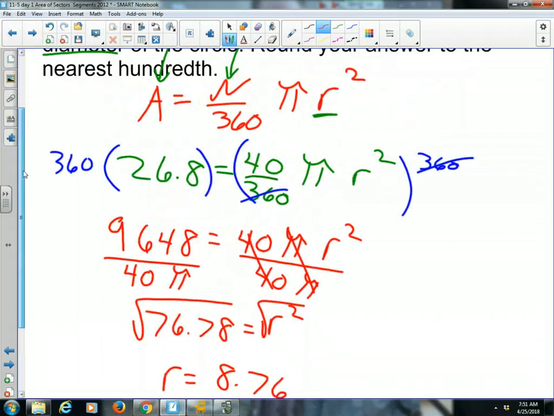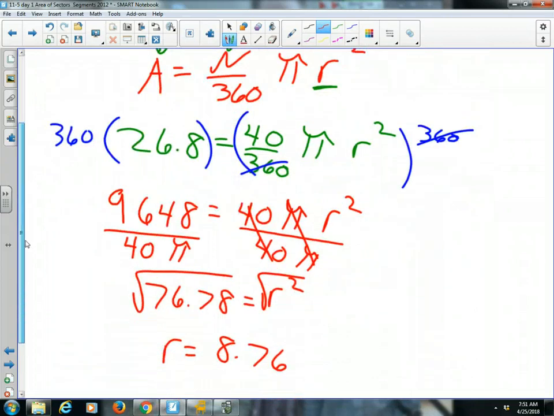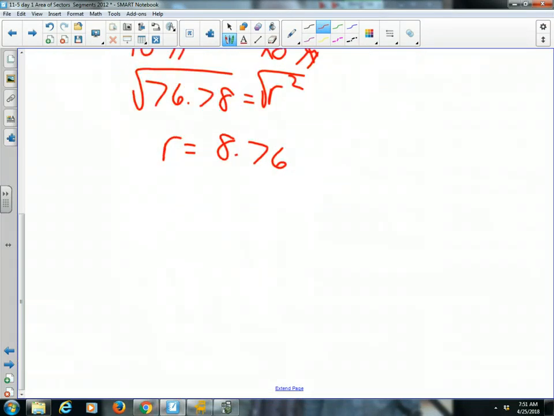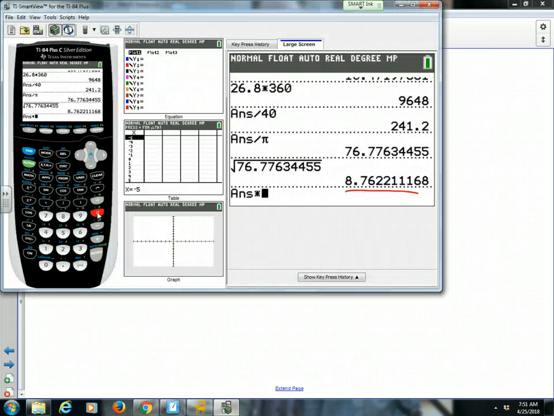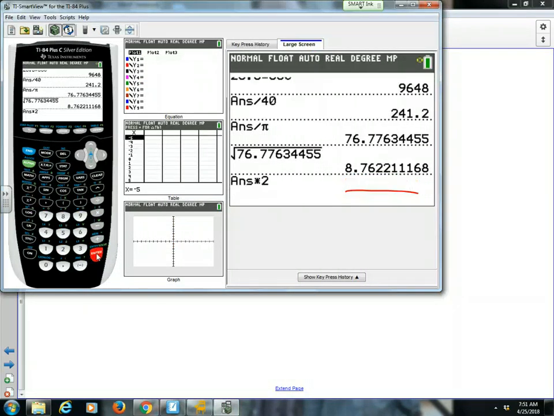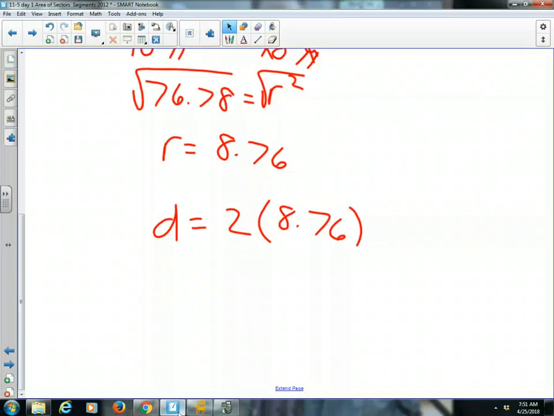And our answer, it tells us, let's find the diameter. So the diameter, of course, we would just multiply it by 2. The diameter equals 2 times 8.76. So let's double our radius. Multiply by 2. 17.52.